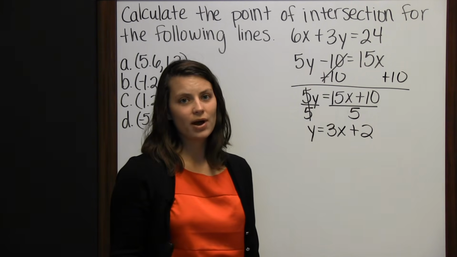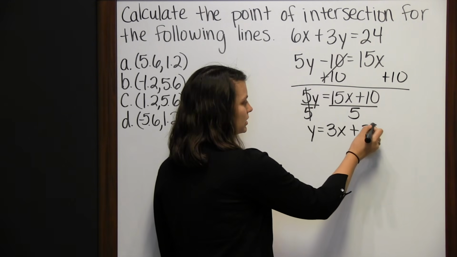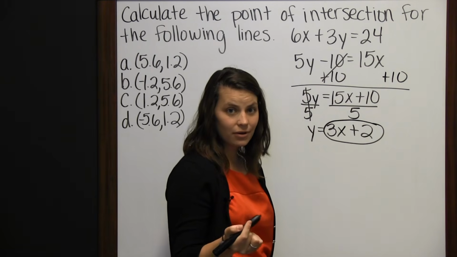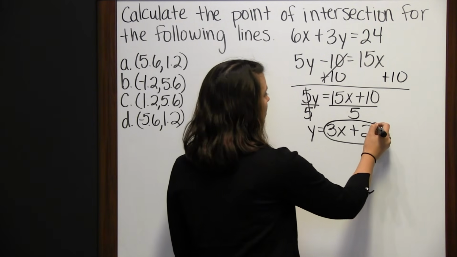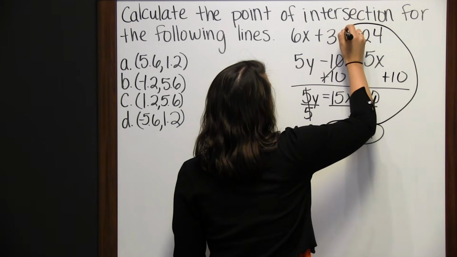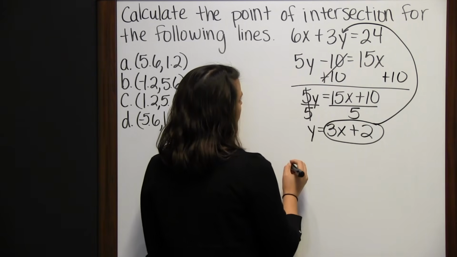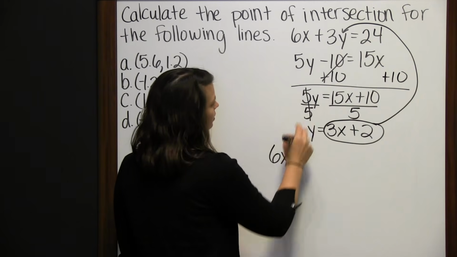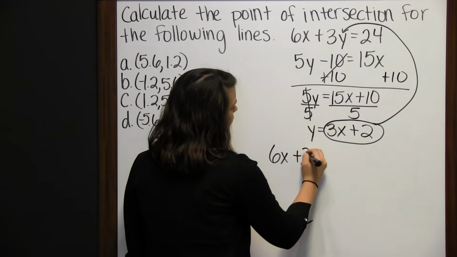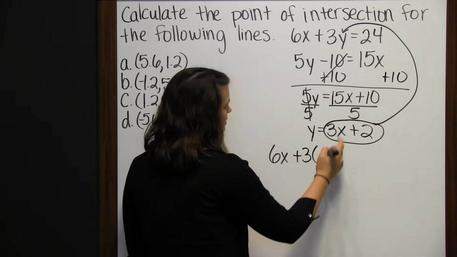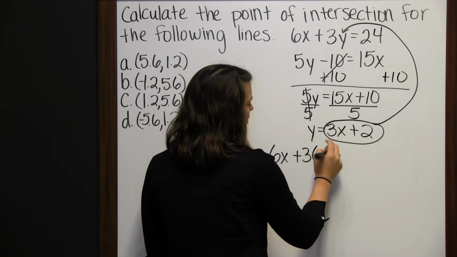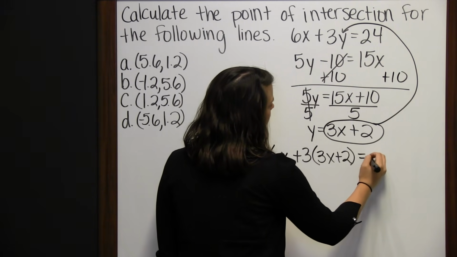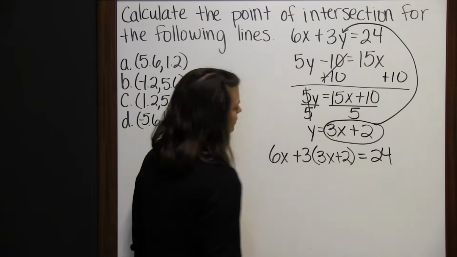Now that I've solved for y, I can substitute this expression, 3x plus 2, in my other equation for y. So I'm going to substitute that right there, which means that I now have 6x plus 3 times, instead of y, I'm replacing it with the expression 3x plus 2 equals 24.